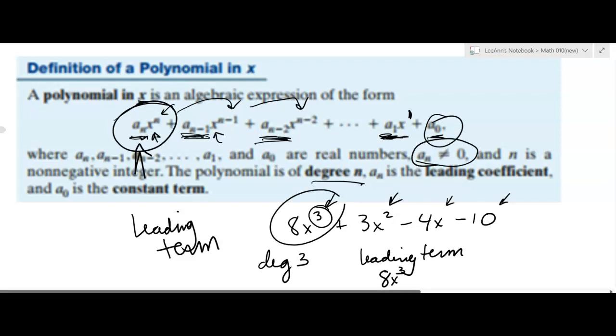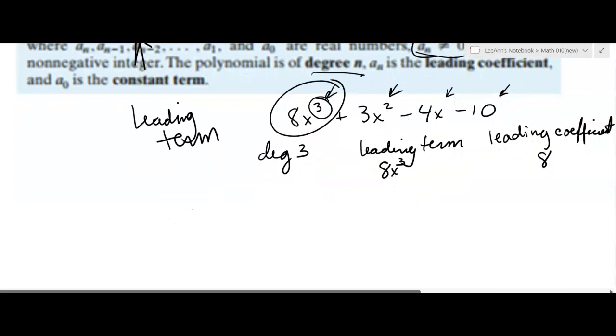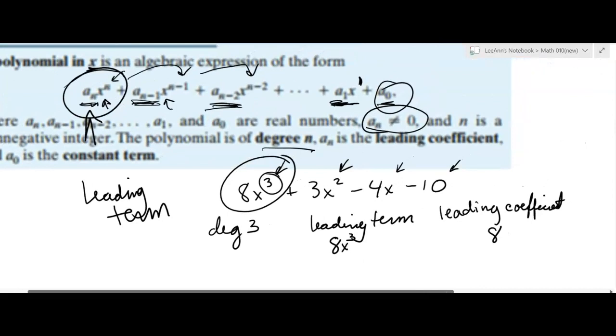That would be the whole term there. And then a lot of times I'll talk about the leading coefficient. So that's the coefficient, would be 8. So the first term, we do a lot with that. We want to be able to identify the leading term, its degree, and its coefficient. Okay, and I think that's all we've got.